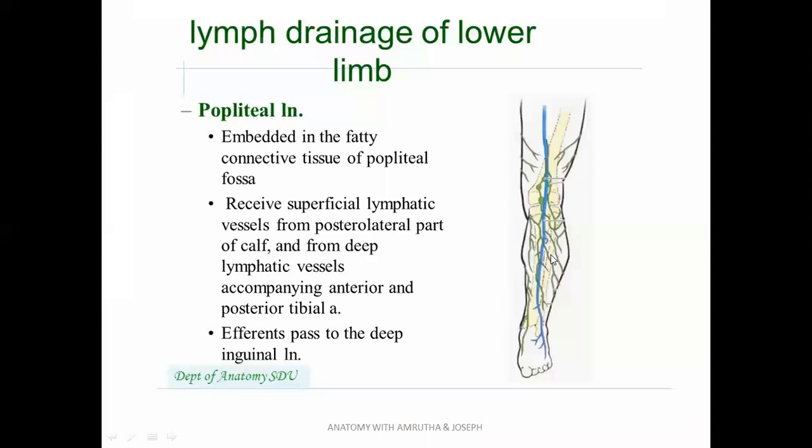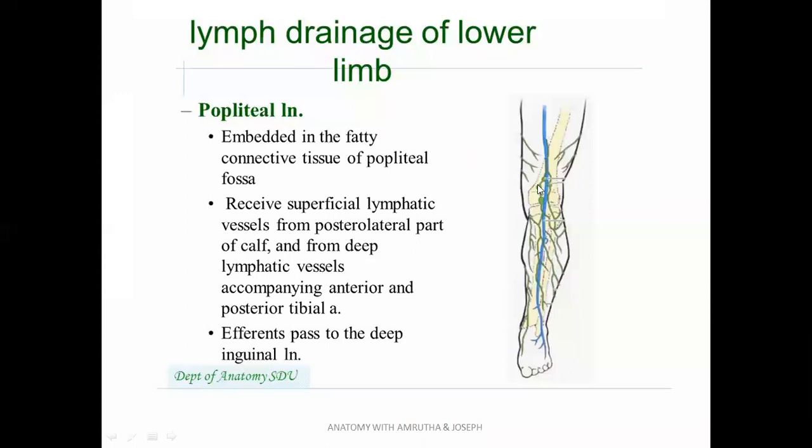There are some deep lymphatics which are seen along with anterior and posterior tibial artery, which are placed deeper. Those lymphatics also drain into popliteal group of lymph nodes. And the efferents from these lymph nodes pass to deep inguinal lymph nodes. We will see about the deep inguinal lymph nodes in the coming slide.